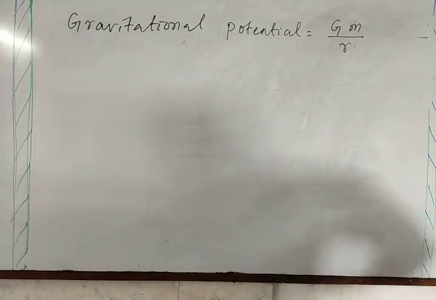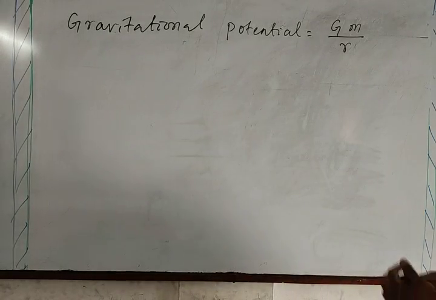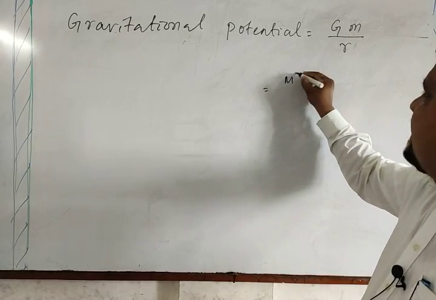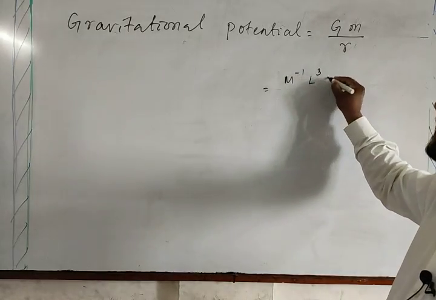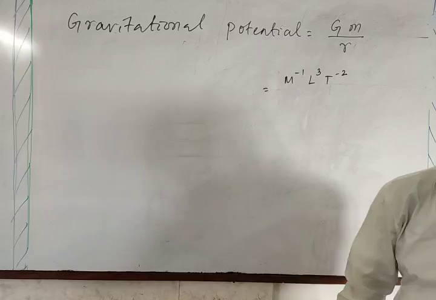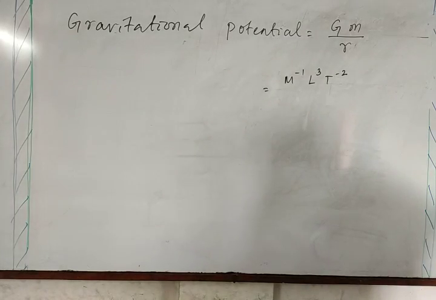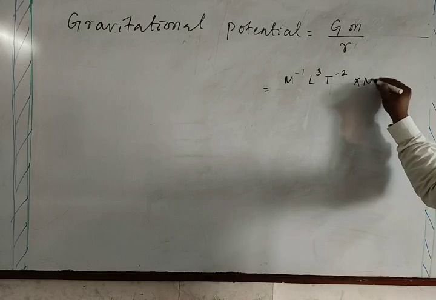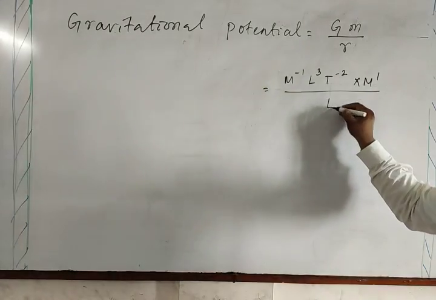If you find this Gm by r, the dimension of G is M minus 1 L3 T minus 2. Then mass is M1, then L1.